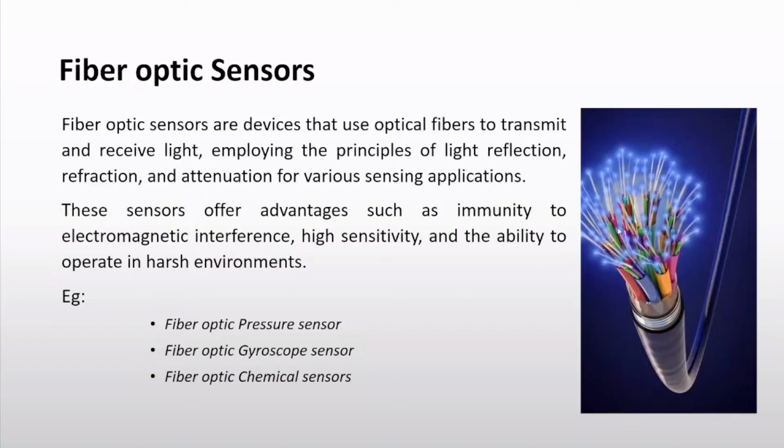Normally the light beam can be interfered with by electromagnetic waves, but the fiber optics isolate the light beam from the outside environment. Therefore, electromagnetic waves from the outside environment do not affect the light beam inside the fiber optics.